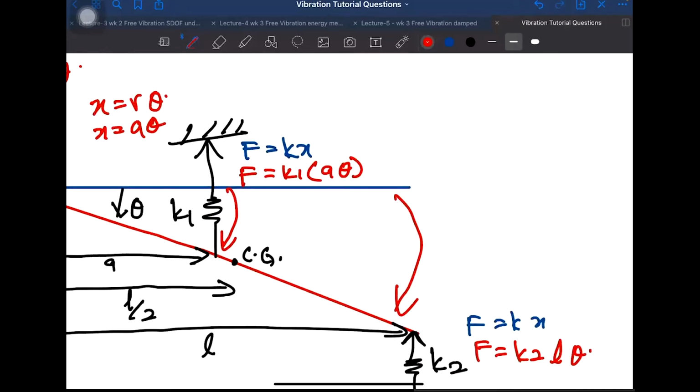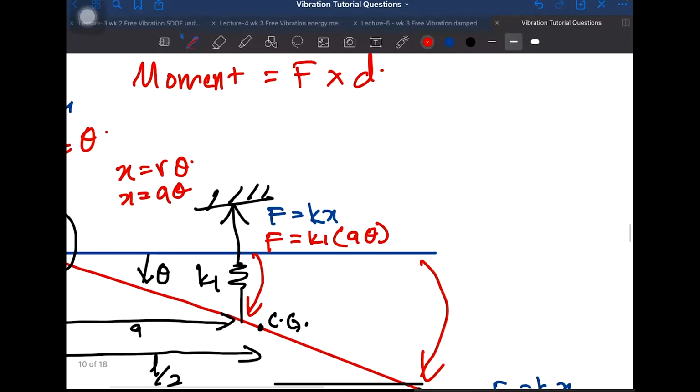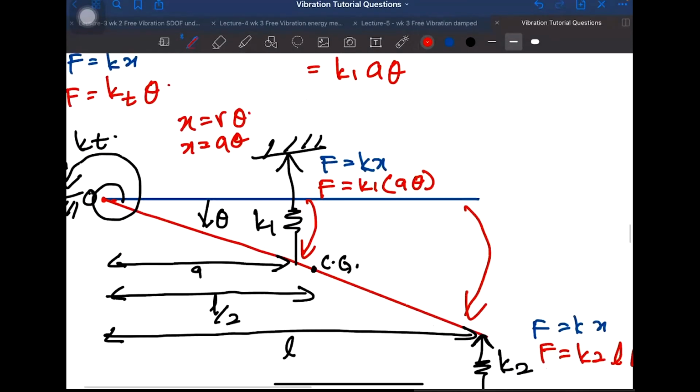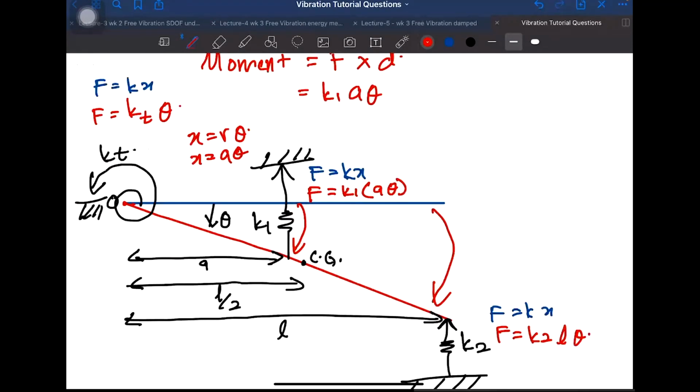For moment, you have to multiply another distance, the distance from the pivot point. K1 to the pivot point is also A, so you multiply another A.